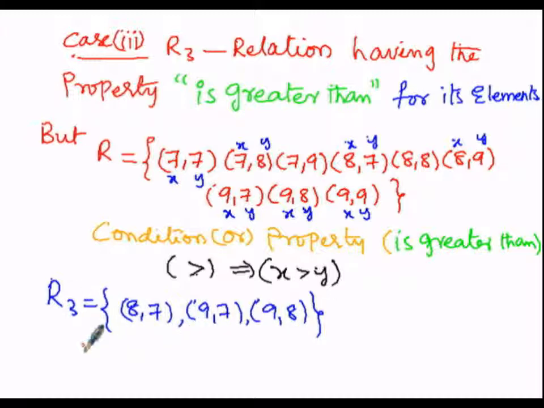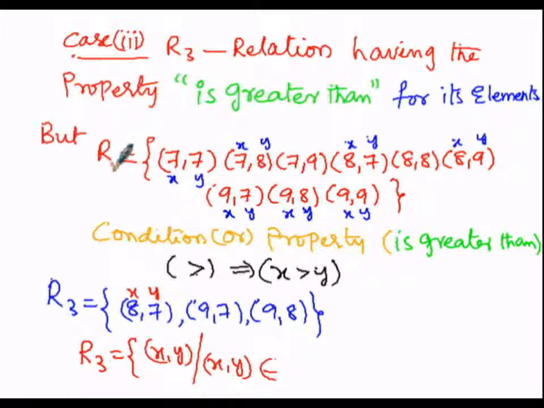In order to write the set builder form, R3 is equal to, we assume the first coordinate as x and the second coordinate as y. In each and every ordered pair, the first coordinate will be x and the second coordinate will be y. So we can write it as (x, y), such that (x, y) belongs to R, but the relation R we got from A cross A. So instead of R we can write A cross A, but the condition for this relation R3 is x greater than y, because the first coordinate is greater than the second coordinate in each and every ordered pair.